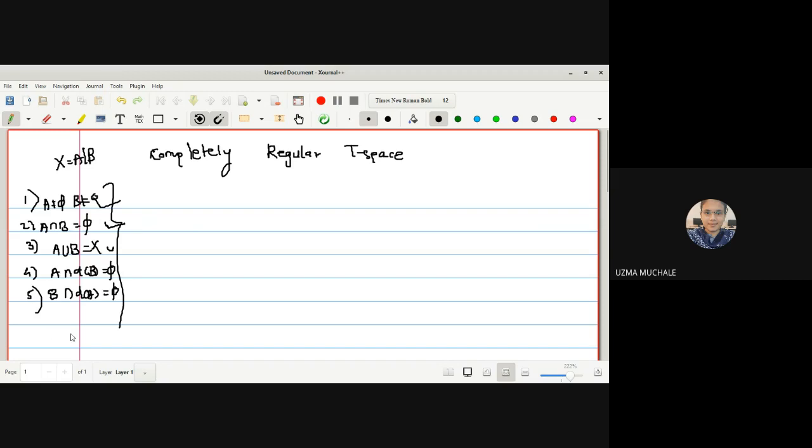And then what is the Hausdorff-Lennes condition? A intersection B bar union B intersection A bar is equal to the empty set.